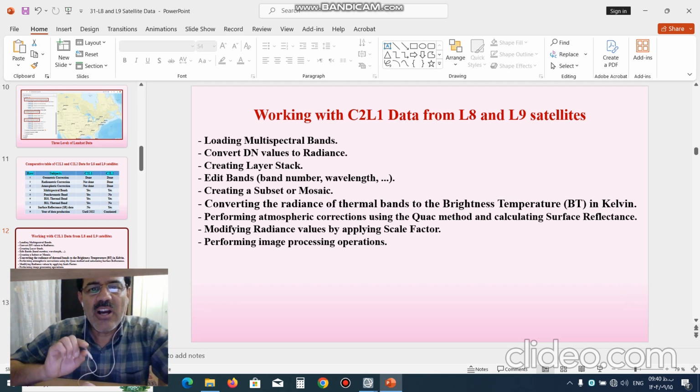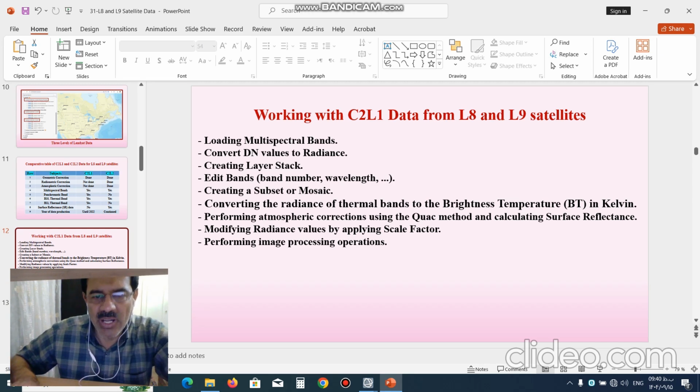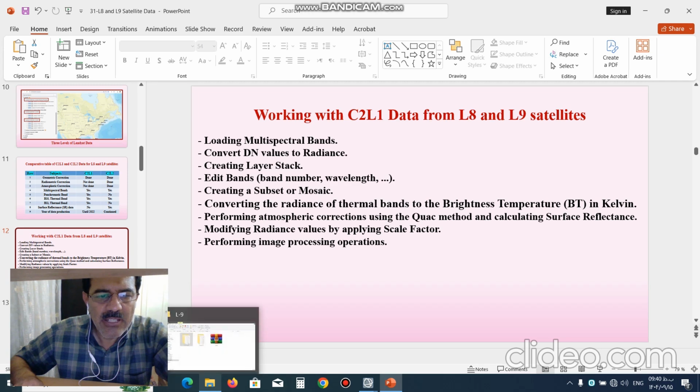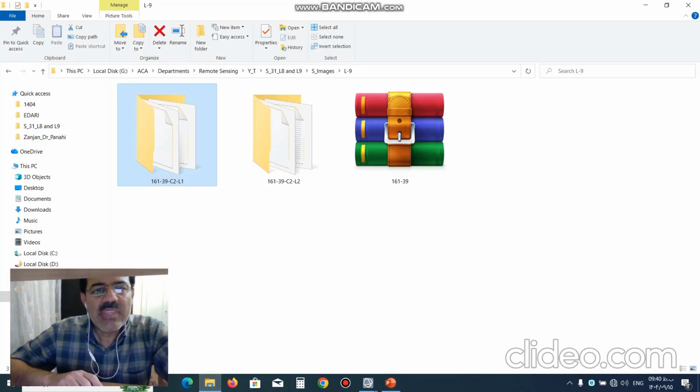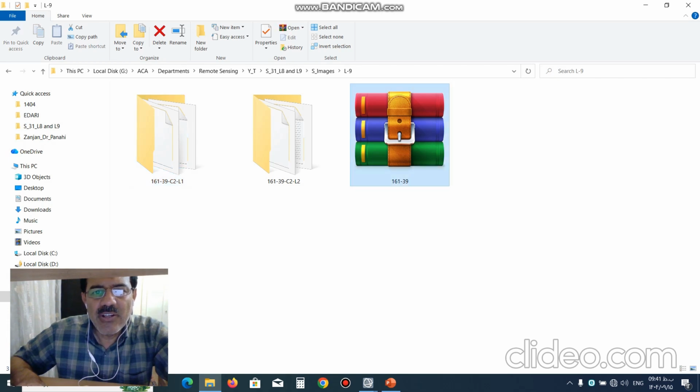And working with Collection 2 Level 1 data at first, from Landsat 8 and Landsat 9. For example, loading multispectral bands. When we download this satellite image, we receive, for example, a zip file, like this file.